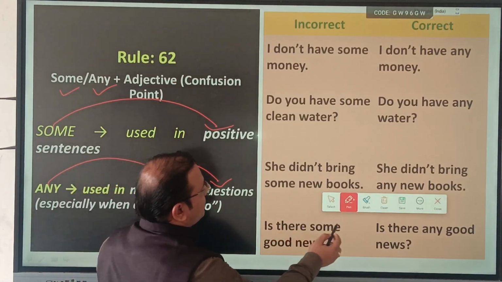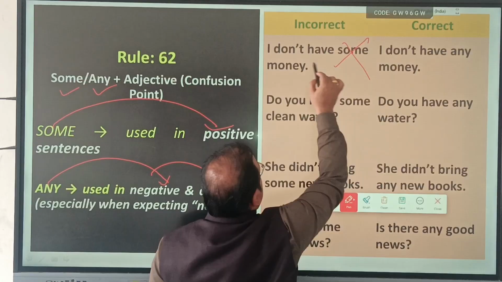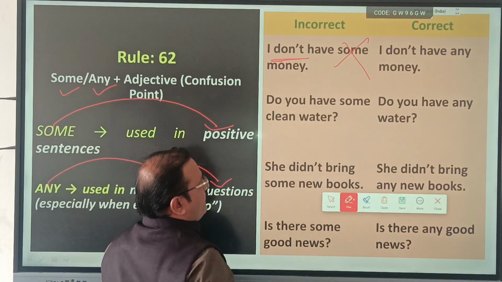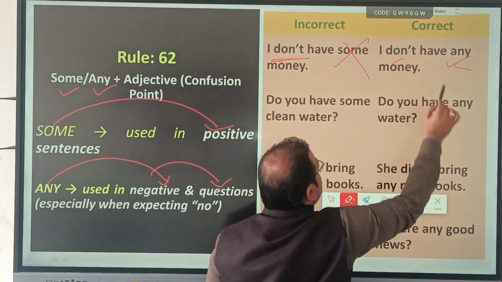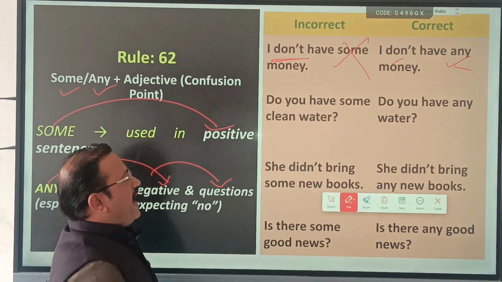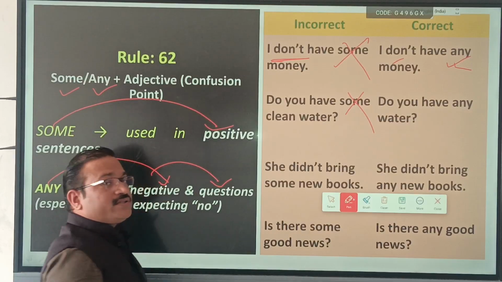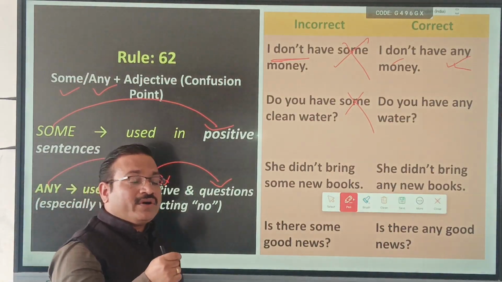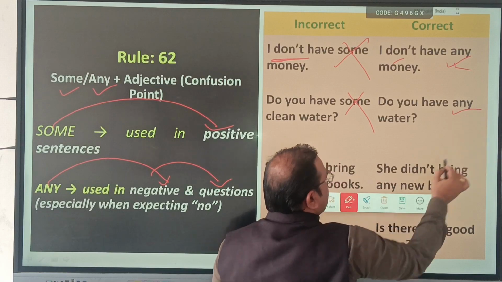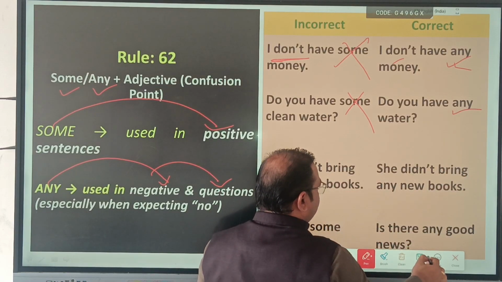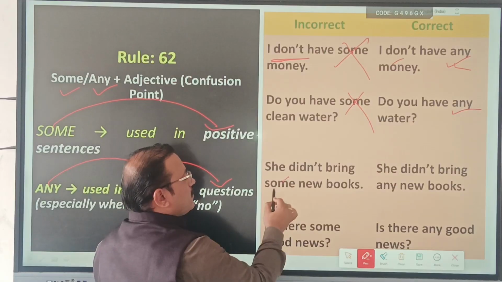Let us understand. I don't have some money. Wrong. Why? Because it is negative. So what should we write? I don't have any money. Negative sentence. Do you have some clean water? No. Some is used with what? Positive sentence. Do you have any water? She didn't bring some new books.